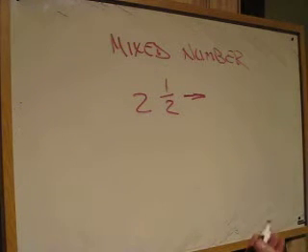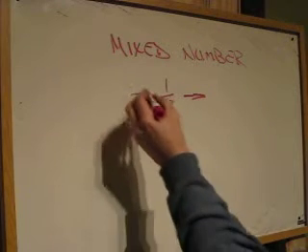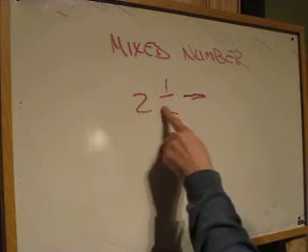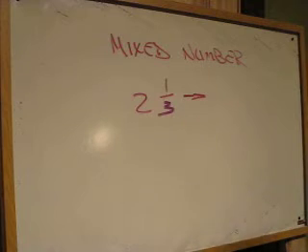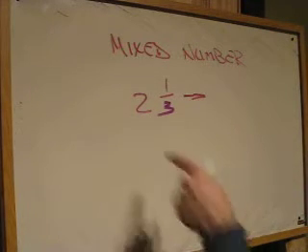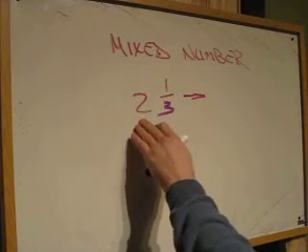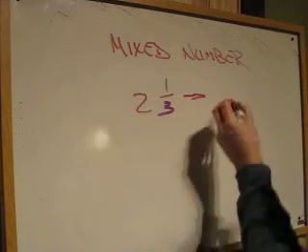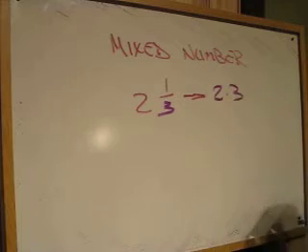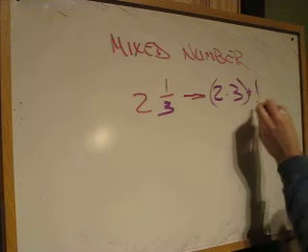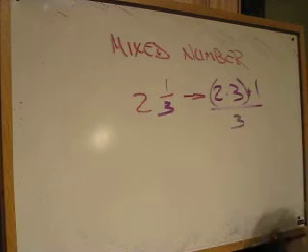So, rather than going through all the theory, let's just learn the shortcut method. You take the whole number, the 2, let's change the fraction to 1/3, so when I'm talking about a 2, you're aware of what number I'm talking about. To change this to an improper fraction, we take the whole number, the 2, and we multiply it by the 3, and then we add the top number, and we put that over the denominator.